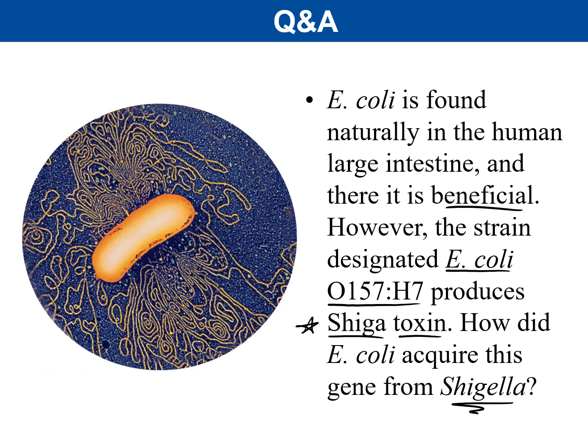So when it was discovered that this unusual variety of E. coli called O157H7 was found to be dangerous because of this virulence factor that it had picked up, called Shiga toxin, well, the big question was how did it get it? So how did E. coli acquire the gene from Shigella?